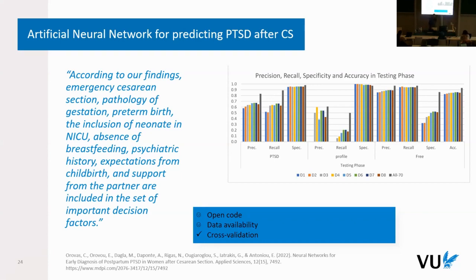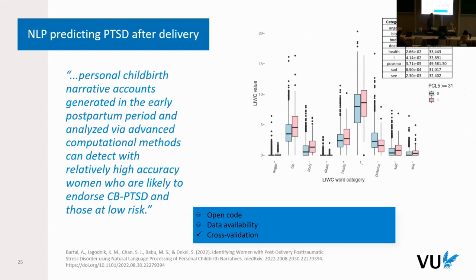But still, cross-validation was used in order to tackle the problem of overfitting. And it seems that in computer science, there's much more awareness of that problem than there is in the more substantive areas.